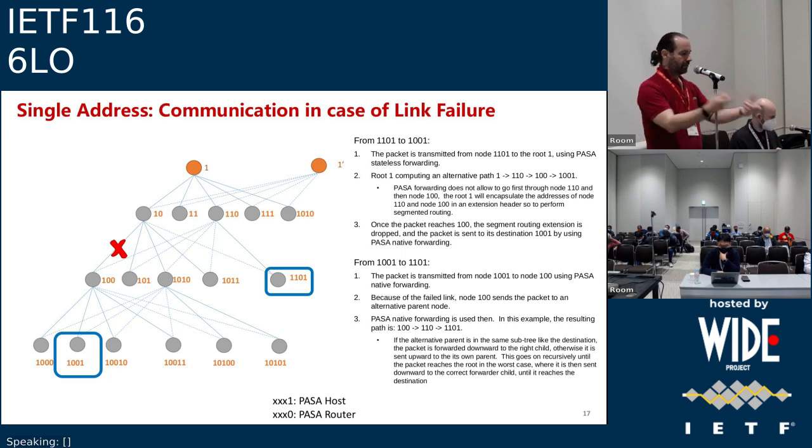If we have a communication inside the PASA domain, like previously with the two blue boxes, we go from 1101, the node on the right, to 1001, the node on the left. 1101 sends the packet to the root, using normal stateless forwarding, because they are not on the same branch of the tree. Root 1 should have computed already an alternative path. In this example, we go from root 1 to 110, to 100, then to 1001.